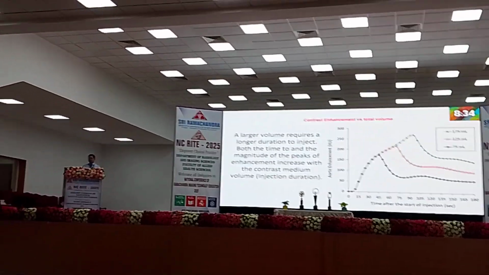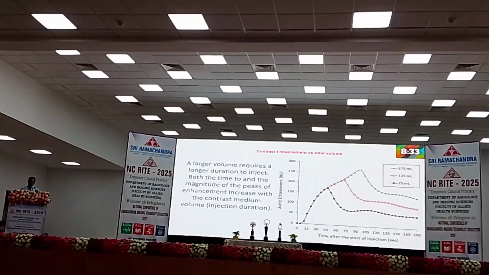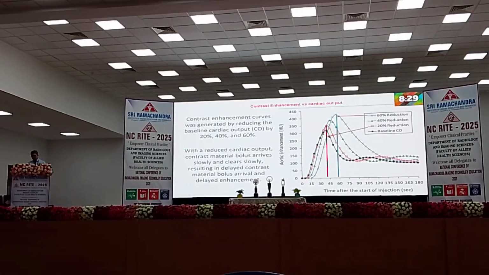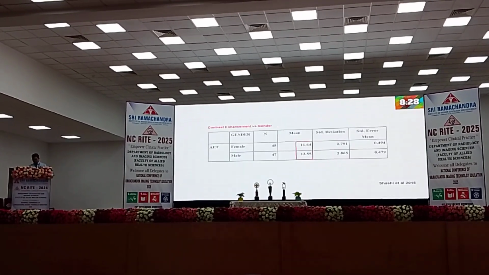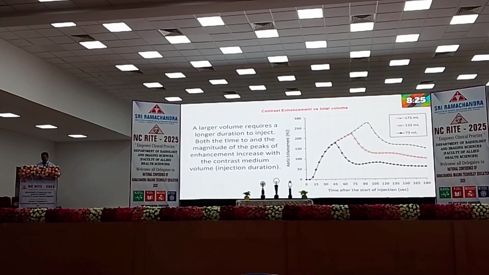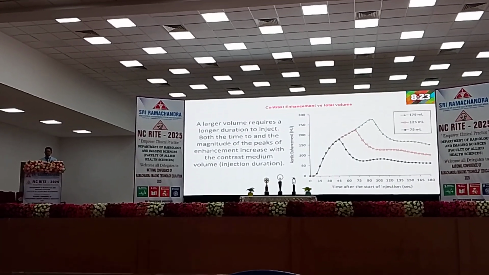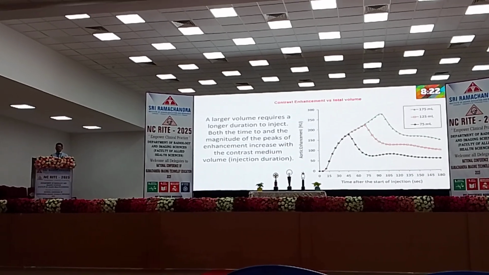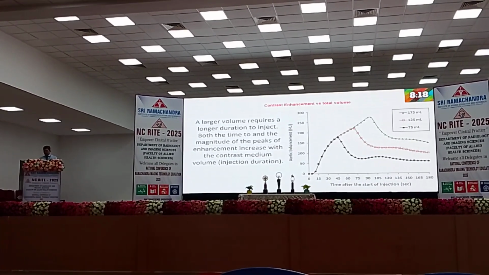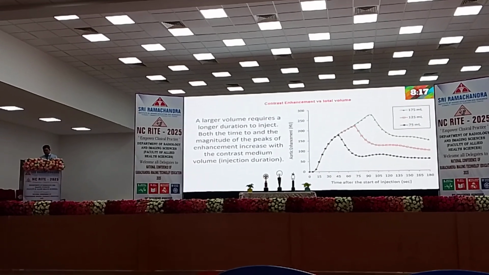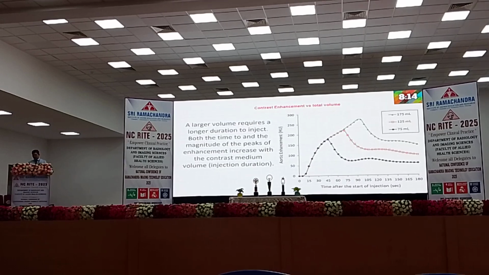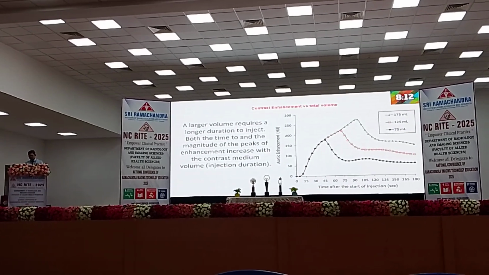So next, one more, total volume. See, again here, for all three patients, in all three graphs, what you see here is a constant height, weight, and age of the patient. I'm talking about 75 ml total volume injected to the patient.